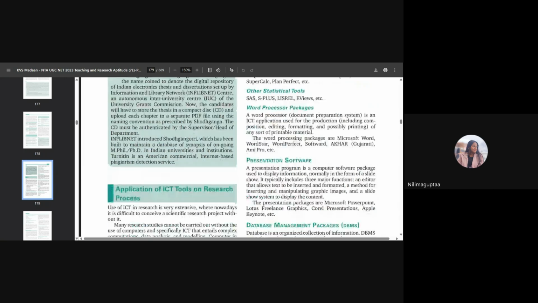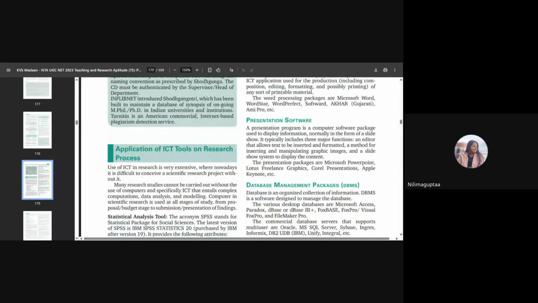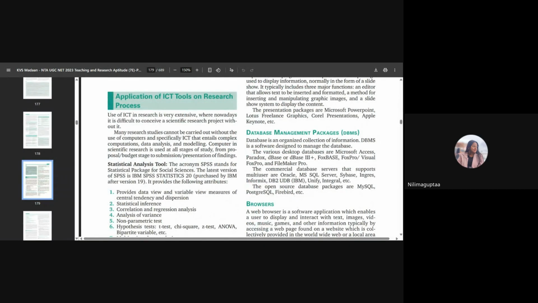Another statistical tool that they talk about is SAS, which we discussed just now, S-Plus, LISREL, EViews, etc. Word processors are WordStar, WordPerfect, Word, and then there is Akhar that is used for the Gujarati language, and ME Pro. For presentation, we have obviously Microsoft PowerPoint, Lotus Freelance Graphics, Oral Presentations, Apple Keynote, and others.